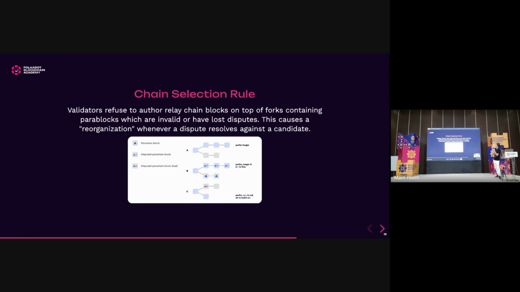So there is a special extrinsic where we provide the proofs for disputes with all the dispute statements where everyone is voting, and those get transplanted to every single existing history of the relay chain. So there is no way you can escape the dispute. The disputes are across all the different forks.